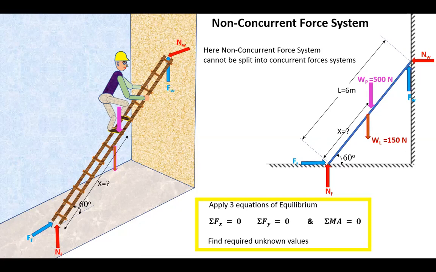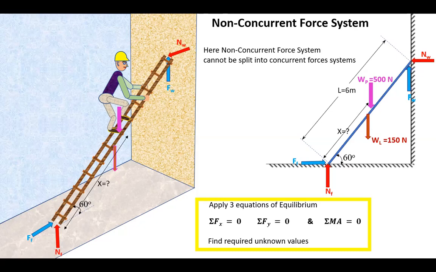In addition to these equations, you may have the friction equations, that is F equal to mu times N. So there will be 2 equations here: Fw equal to mu times Nw, and Ff equal to mu times Nf. Those are the other 2 equations in the case of a non-concurrent force system.